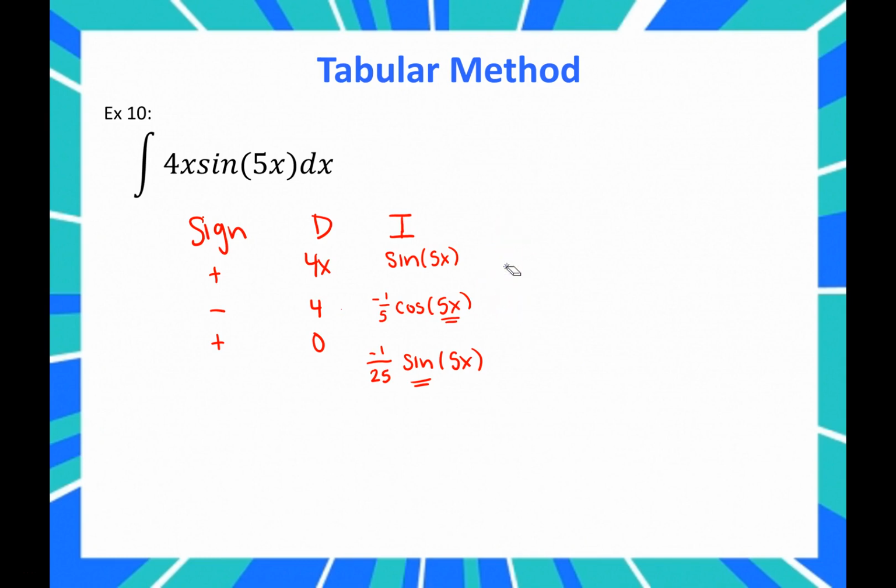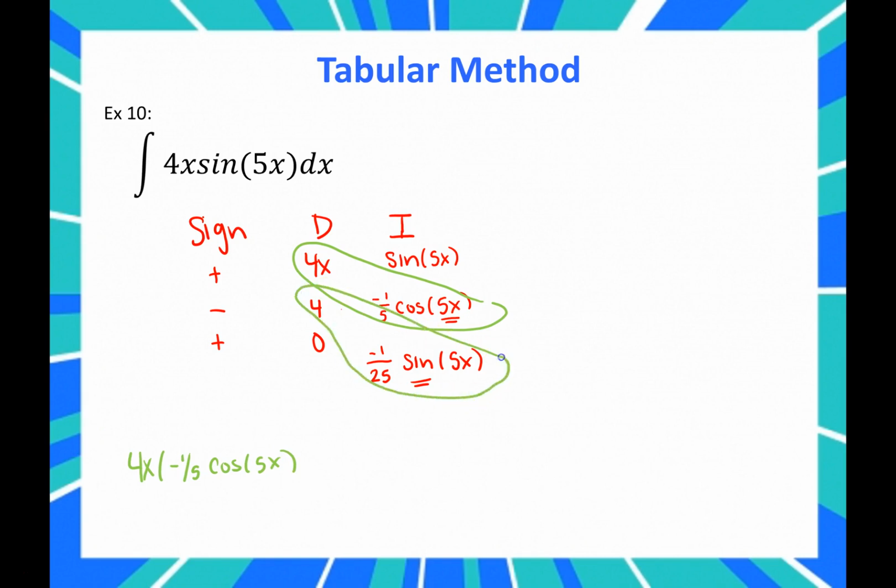All right, now we are definitely ready to write the answers here. So let's do it. We're going to have a positive 4x times the negative 1/5 cosine of 5x. And then we're going to have a minus 4, and then we're going to have a negative 1/25 sine of 5x.